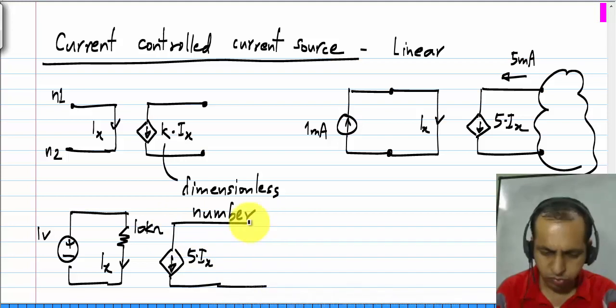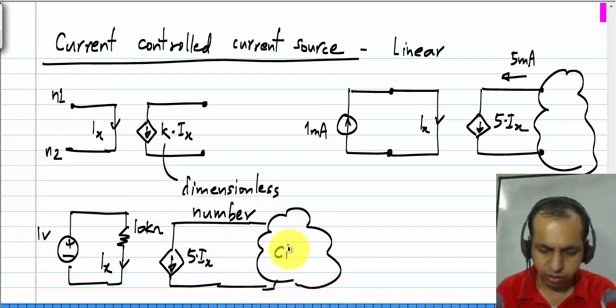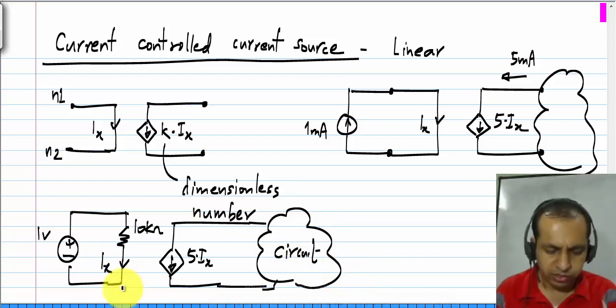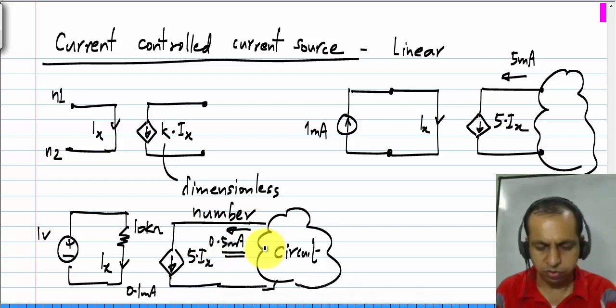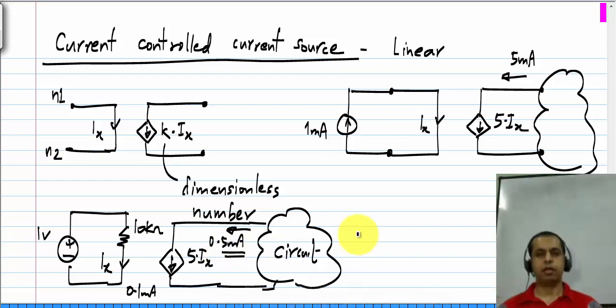And this could be connected to any circuit, and because Ix equals 0.1 milliamps, this causes 0.5 milliamps to flow through the circuit. So, that is a current controlled current source. It is a controlled source whose value depends on a current elsewhere in the circuit.